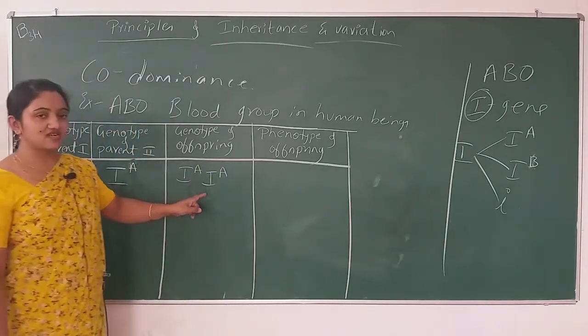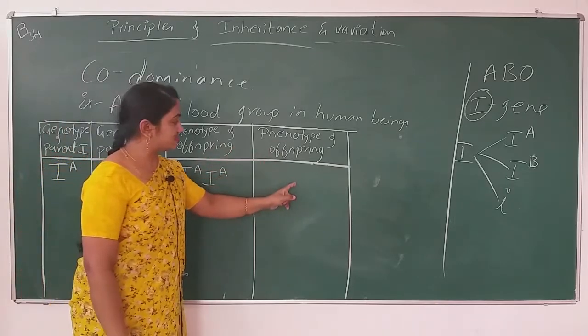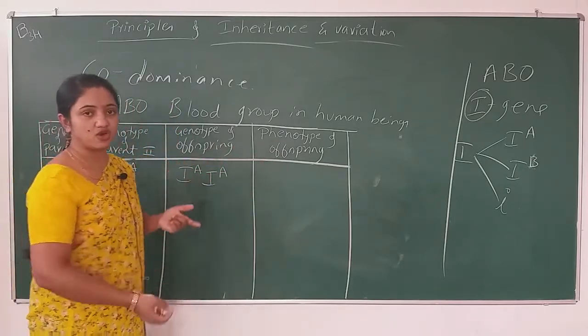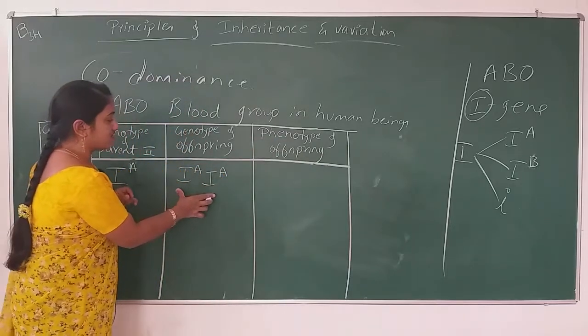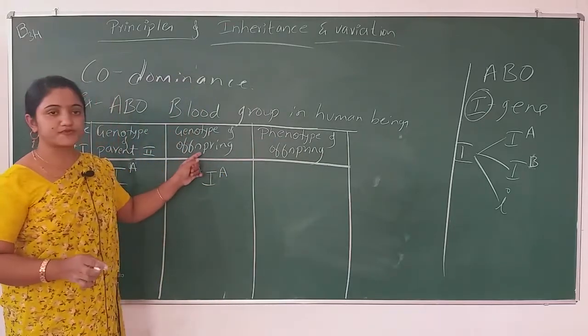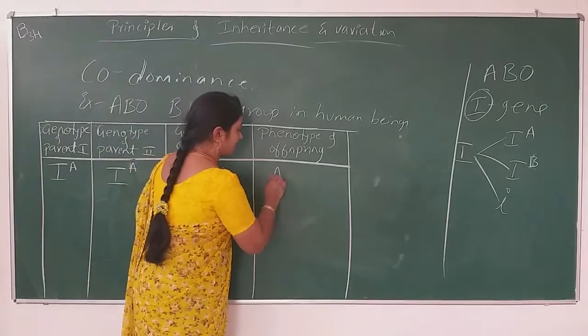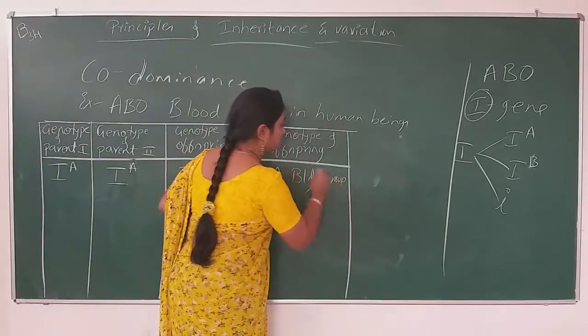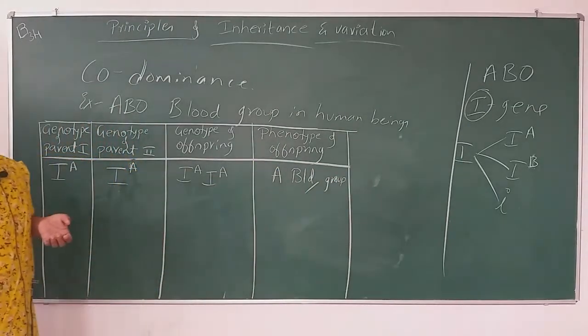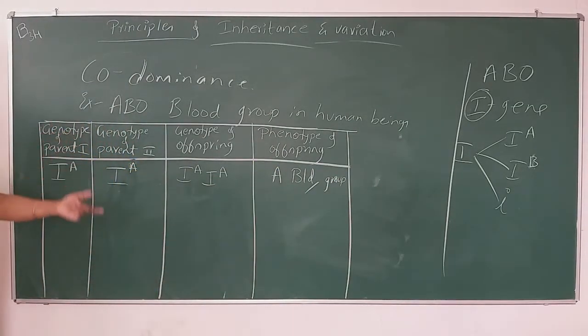That results in the expression of, physically what we are going to call, what type of blood group the offspring have? A blood group. So that is how you have to check the possibilities of blood groups in human beings.